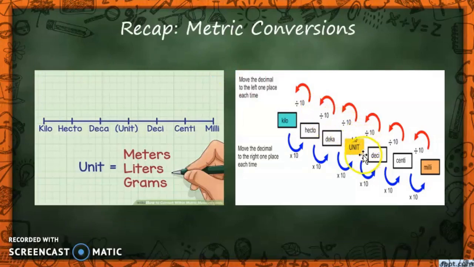We're moving from meter to centimeter, and we multiply by 10 each time we move. So multiply by 10, multiply by 10. We multiply by 10 twice. So that means it will equal 100. So we are on the right track.